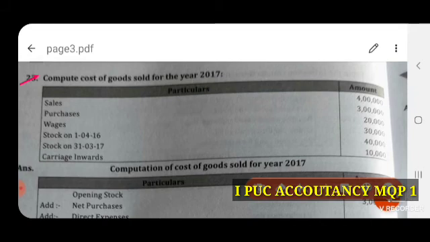The simple formula: opening stock plus purchases plus direct expenses minus closing stock and purchase return. He has given sales, so sales we have to ignore here. Purchases, wages, opening stock, closing stock, carriage inward is in direct expenses.